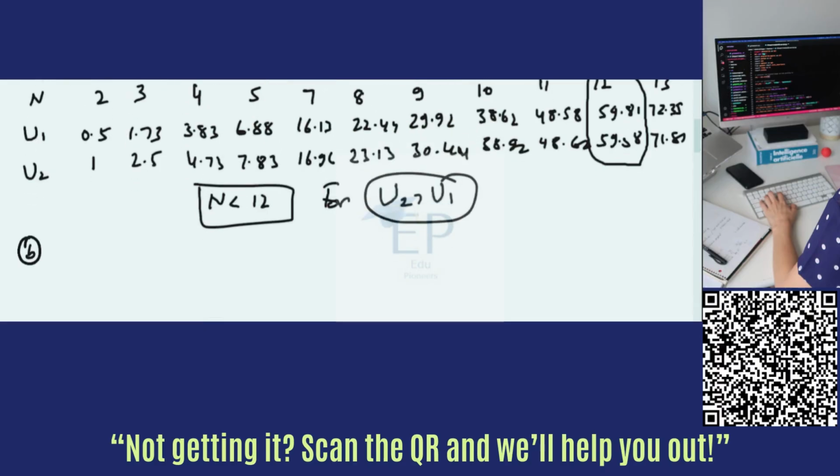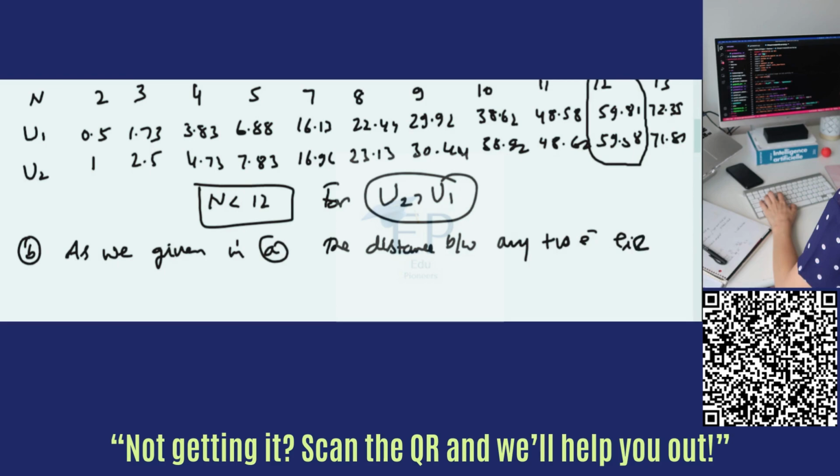Now the second part we have to solve. As given in part A, the distance between any two electrons Ei and Ej in the circumference is 2r sine of (j minus i) upon n into pi.